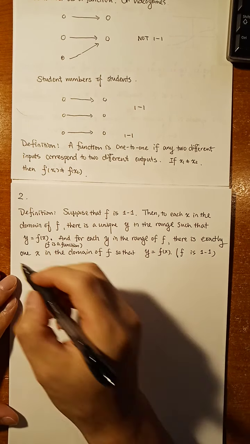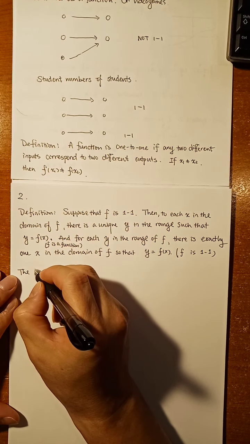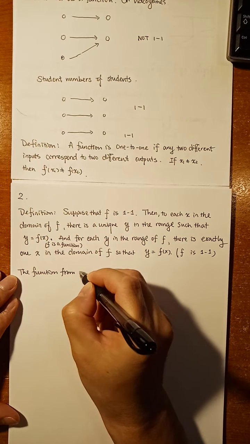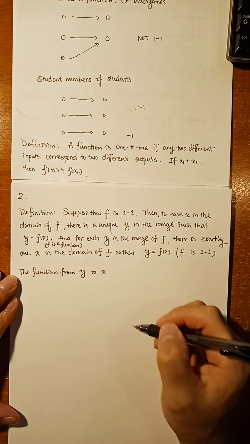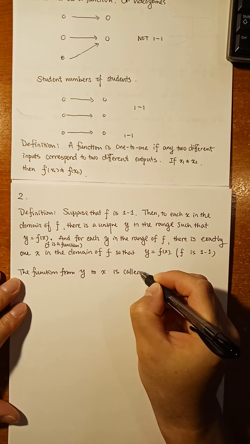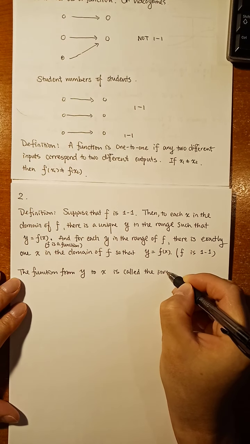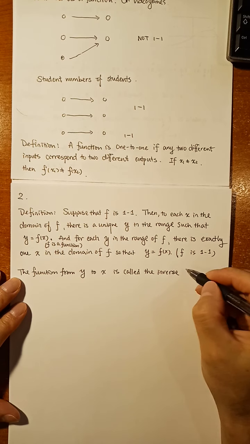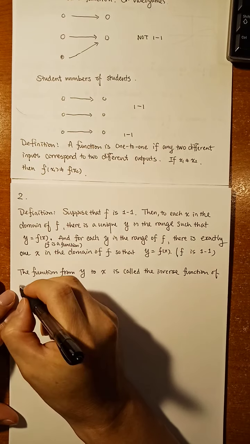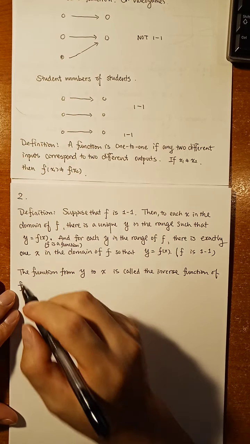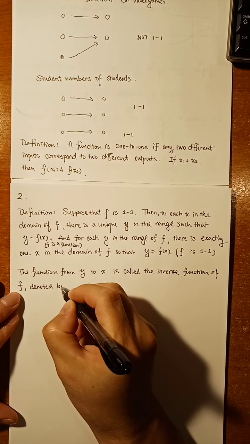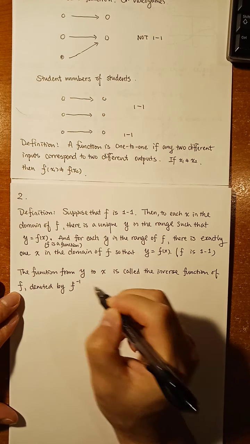Then we will say the correspondence or the function from y to x is called the inverse function of f, and denoted by f negative 1.